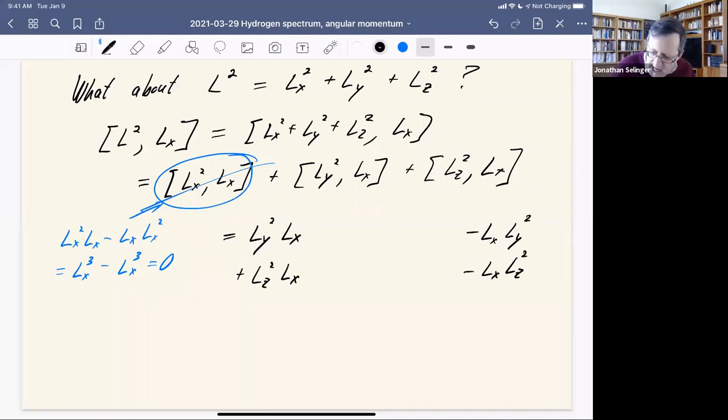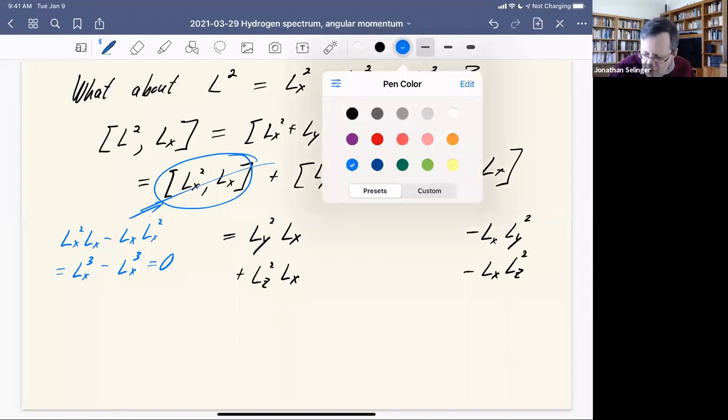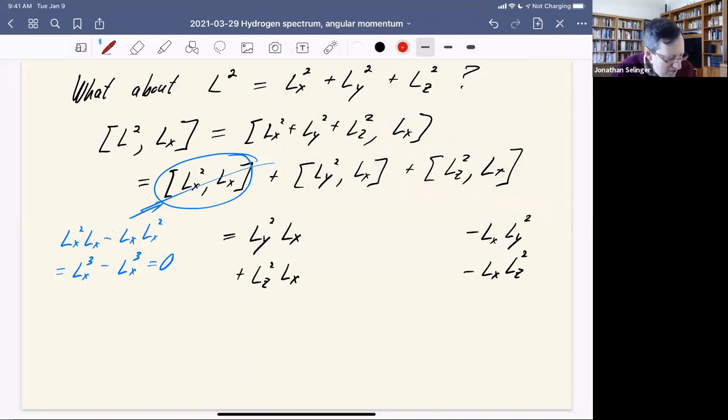If I want to work this out, a nice trick is to add and subtract the same thing. Here I could say minus Ly Lx Ly plus Ly Lx Ly.